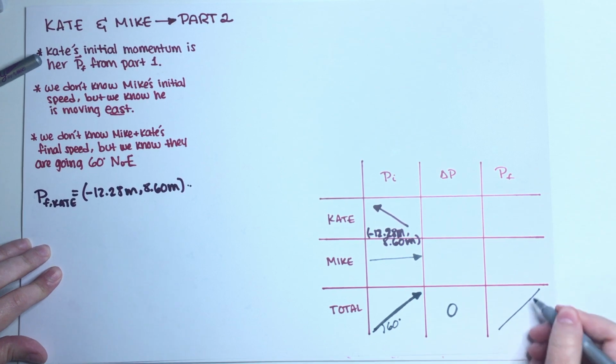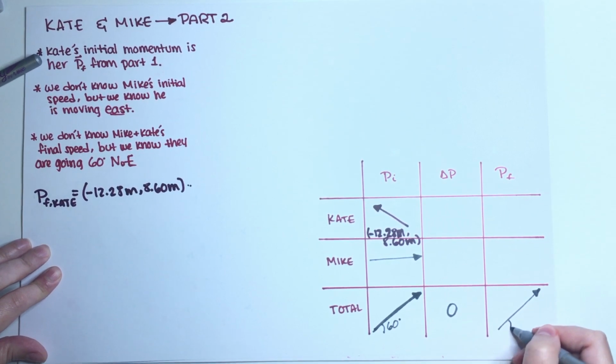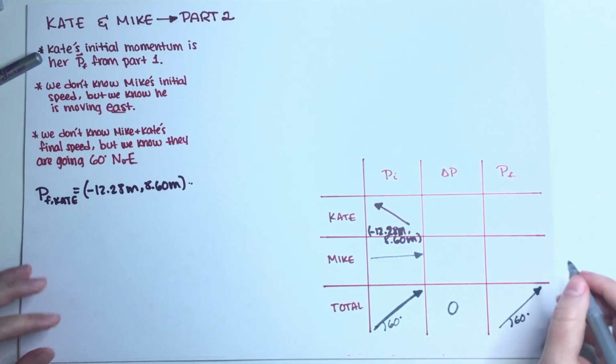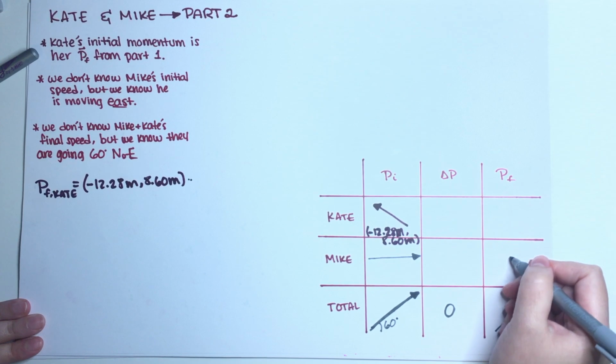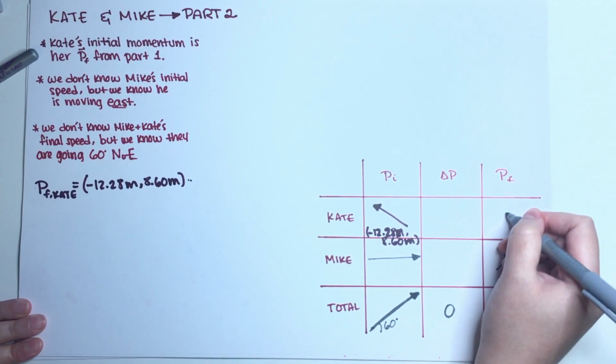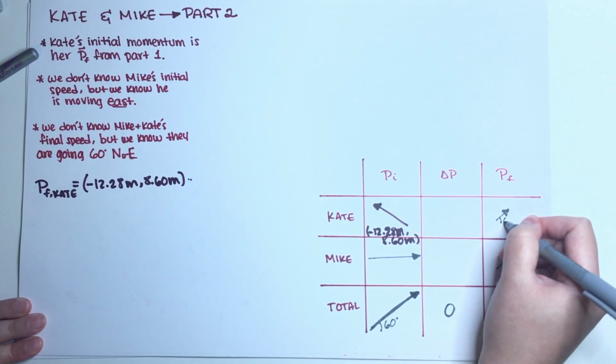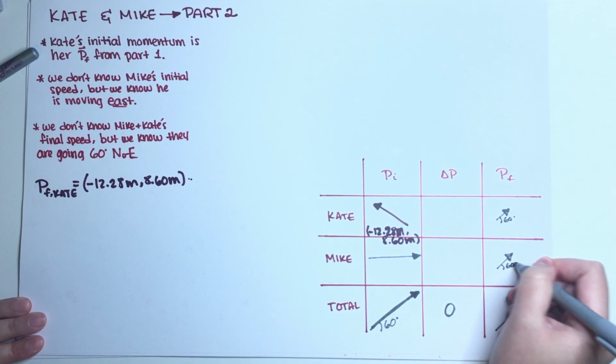Because this angle right here, the instructions are telling us that it has to be 60, and because Mike and Kate have the exact same mass, their momentum is just going to be half and half of that. Again, 60, 60.